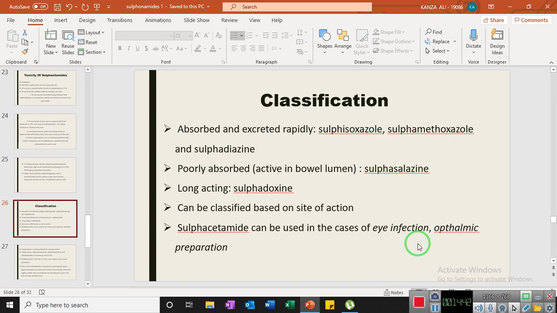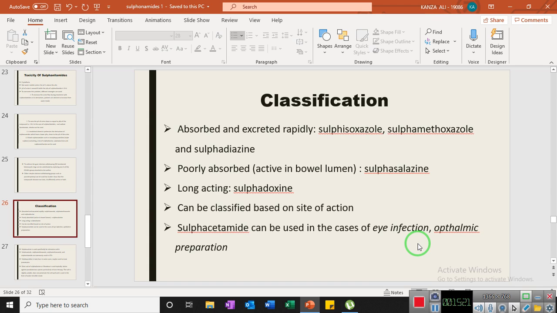Generally, in this case, the repeating dose is 6 hourly, or repetition of the dose is after each 6 hours, or we say QID. Poorly absorbed, such as sulfasalazine. Sulfasalazine is one of the examples in which the compound is not absorbed in the small intestine.